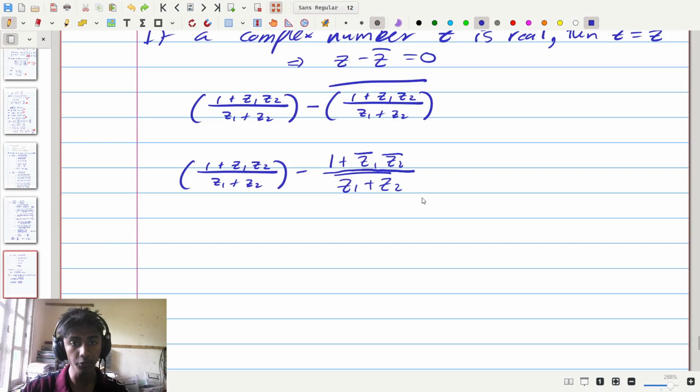Now from this expression, what I'm going to do next is take a common denominator of z1 plus z2 times z1 plus z2 conjugate.